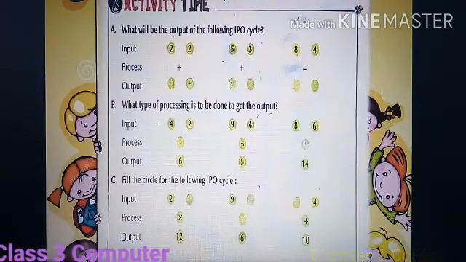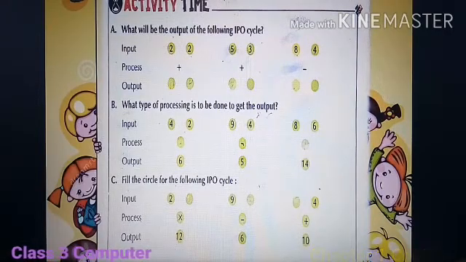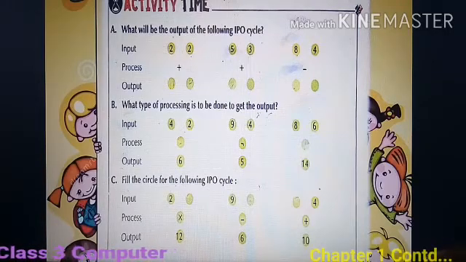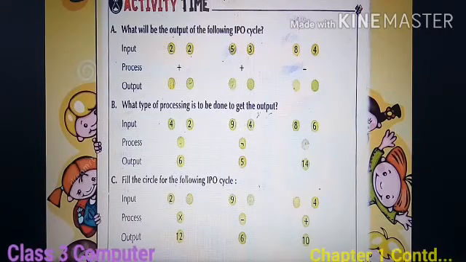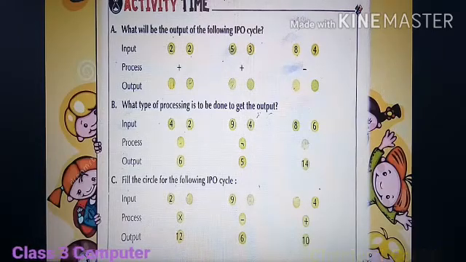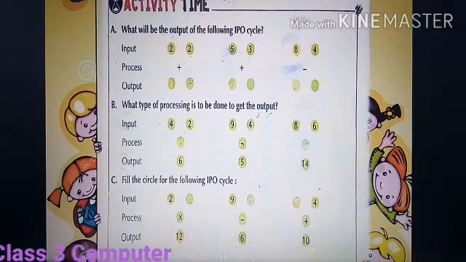Next activity in our textbook is find out the output, process and inputs. The first question is, what will be the output of the following IPO cycle? Output means the result obtained after processing. In the first question, we have the inputs 2 and 2 and the process is addition.